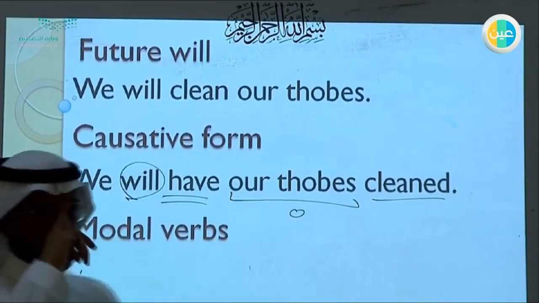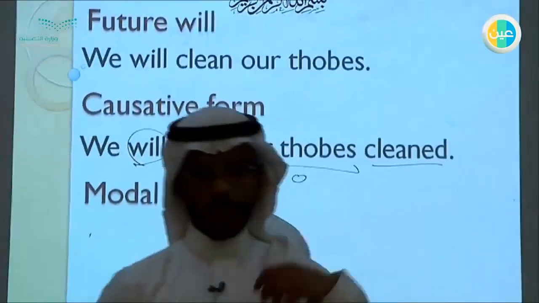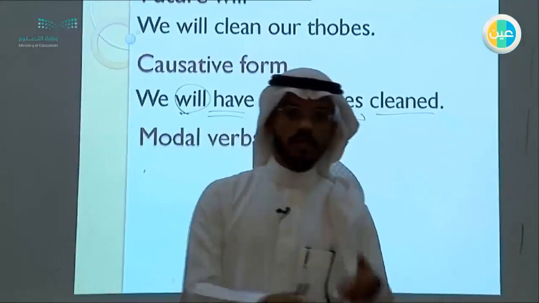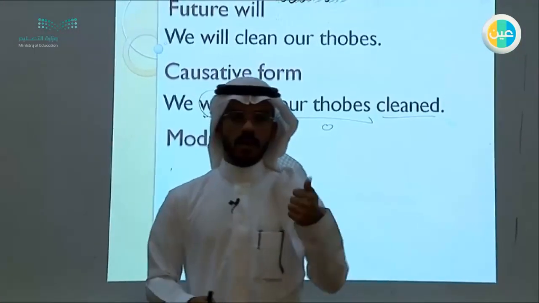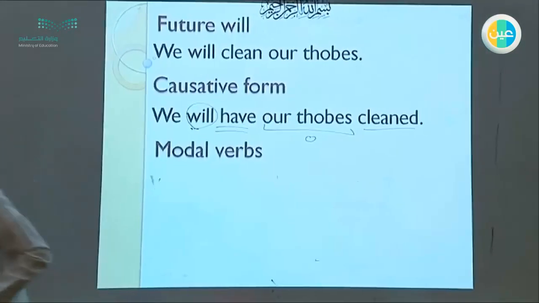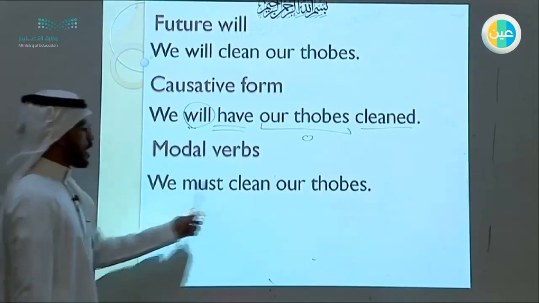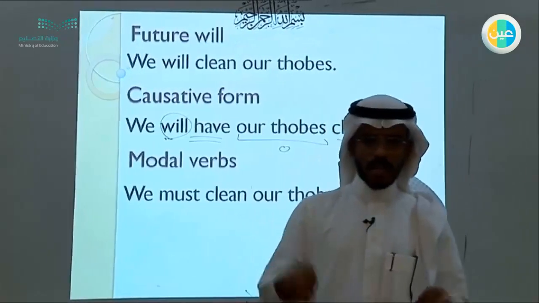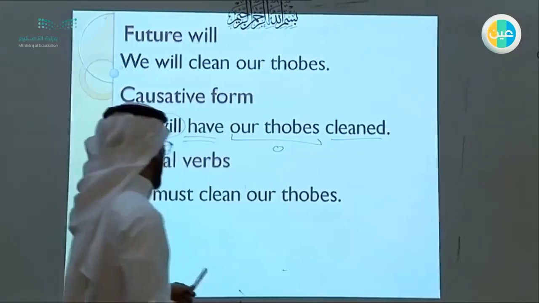Okay, the last one, it's about modal verbs. As you know, modal verbs, for example, can, could, will, would, must, may, might, and etc. Okay, we must clean our thoughts. يجب علينا أن نغسل ملابس أو ثيابنا.